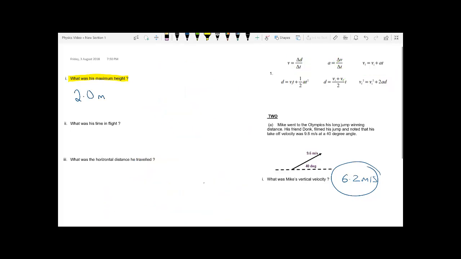Now to work out the time in flight, we can just use one of the other equations, and by this stage you should be used to having a look and figuring this out. This is, to me, probably the easiest one. You know his final velocity, so it's Vf equals Vi plus at.